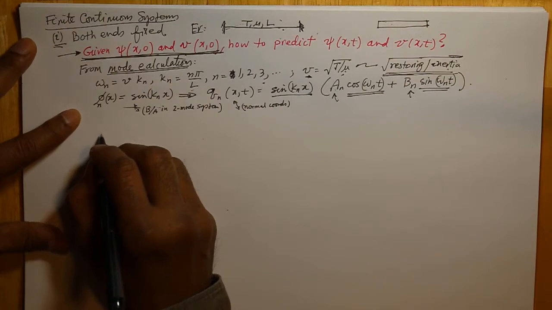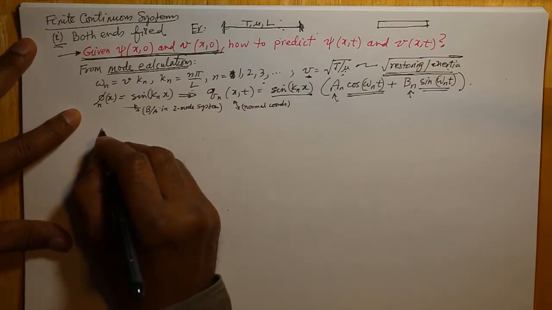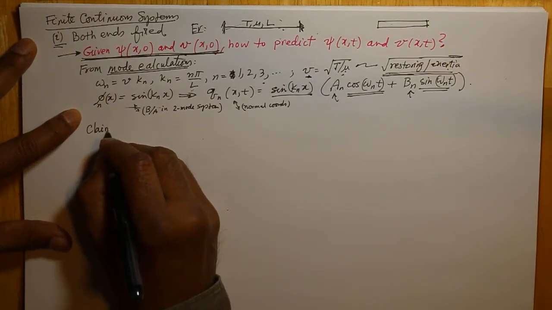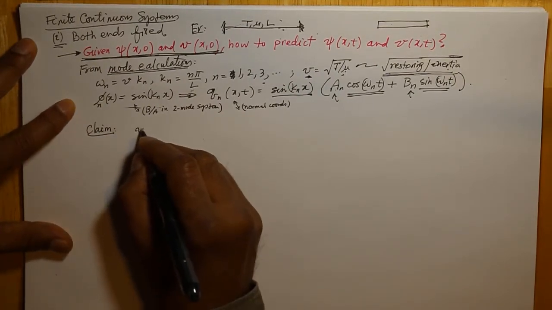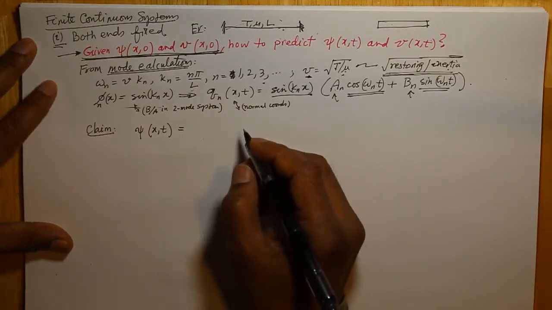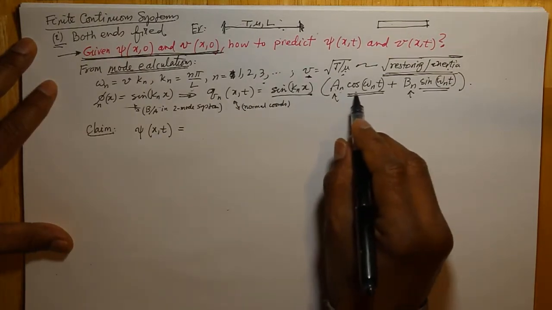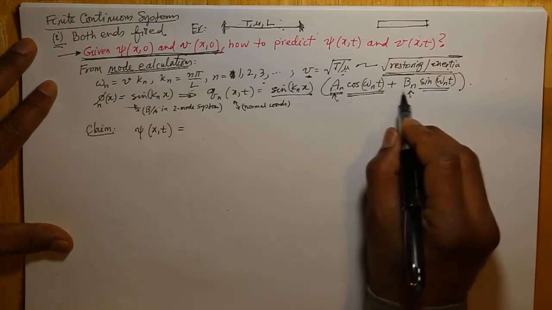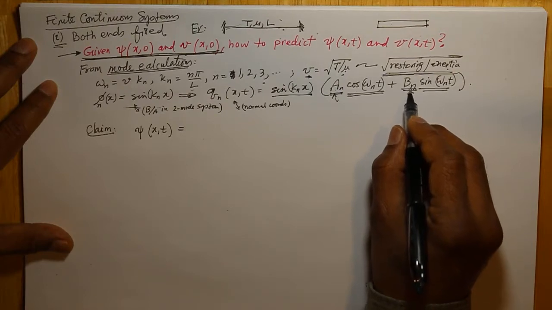Okay. All right. Let's see. I'm going to claim that psi of x and t is just going to be not just any particular mode, but all the modes added up with the amount that I need to add.